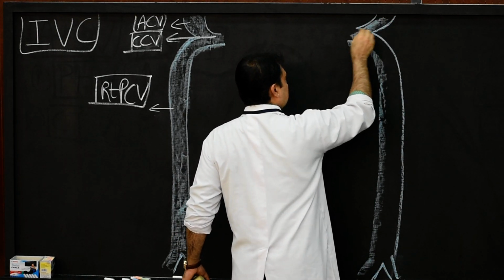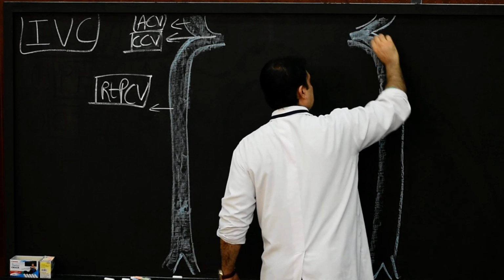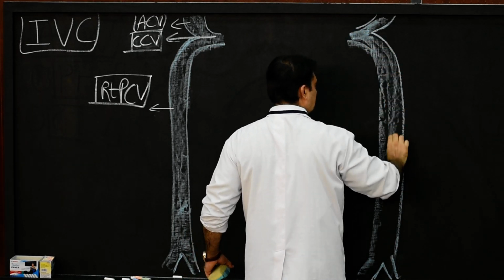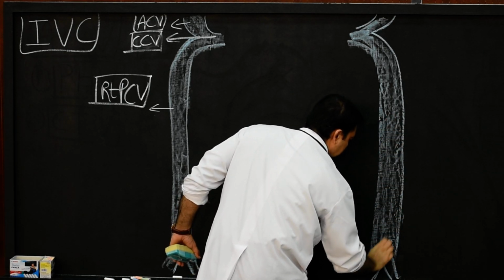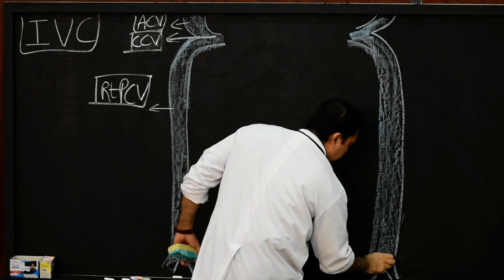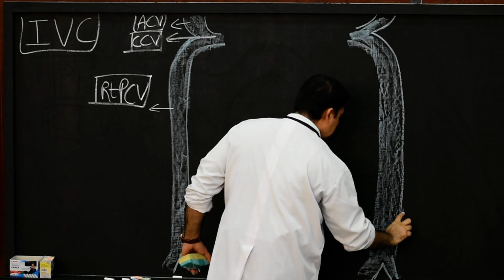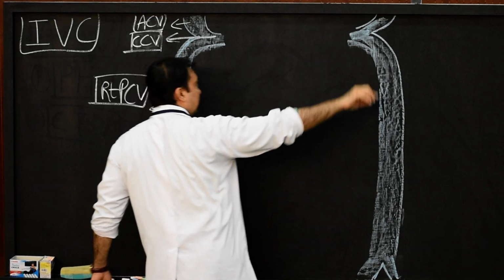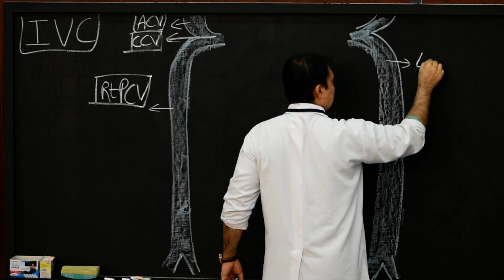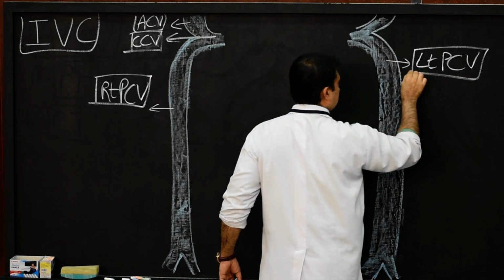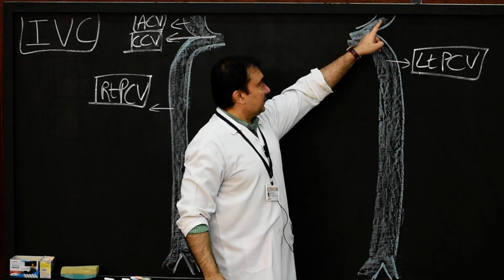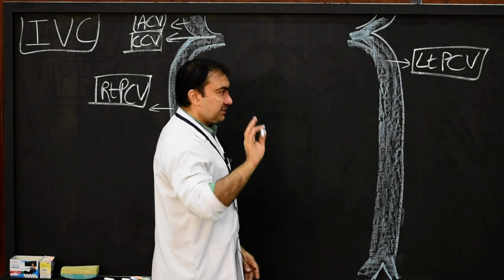Anterior cardinal, here we give some color to common cardinal, and this will be the posterior cardinal vein on the left hand side, and these are the two iliac veins on the left hand side. Same way, this will be the left posterior cardinal vein, the left common cardinal and the left anterior cardinal vein. This much is very clear.